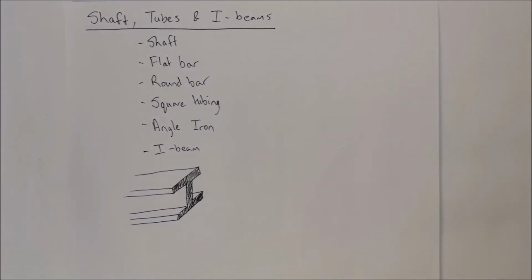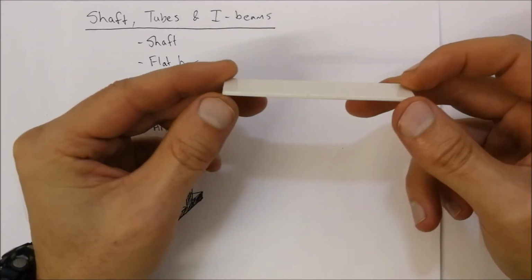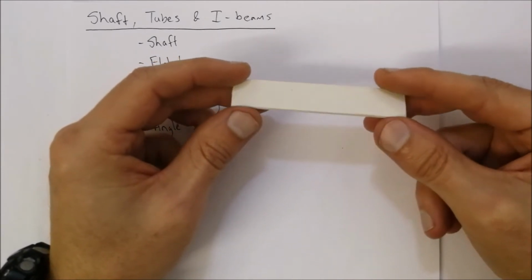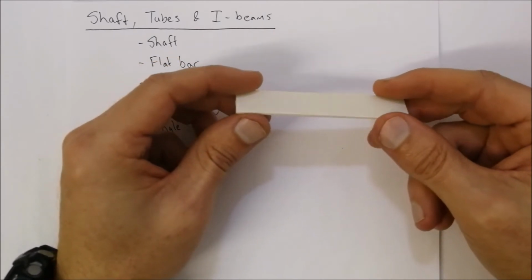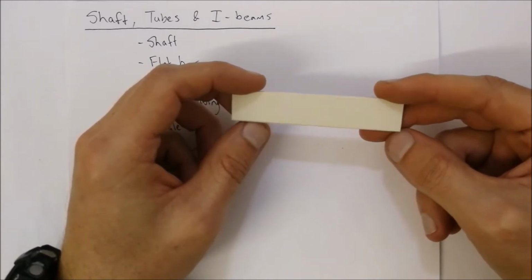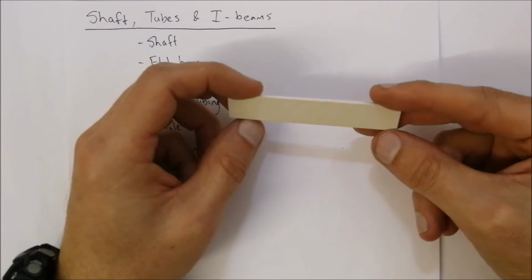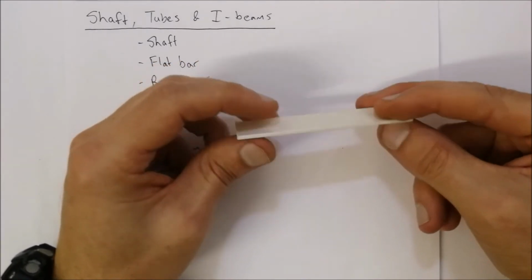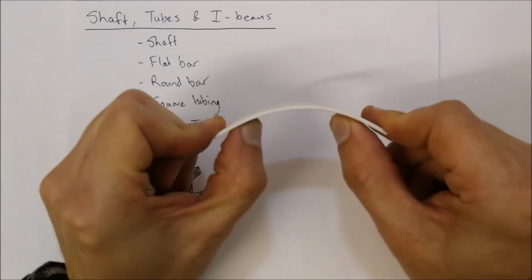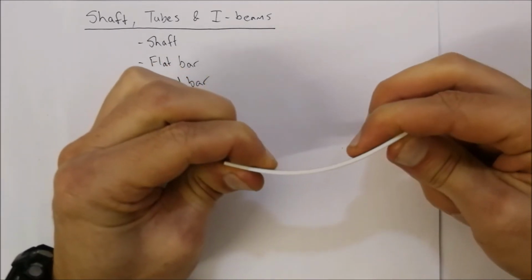I can demonstrate it also with this piece of thin plastic that I've got. It's a similar type of ABS plastic that your products might come in, for example food products in plastic containers. I can bend this plastic quite easily in this fashion.